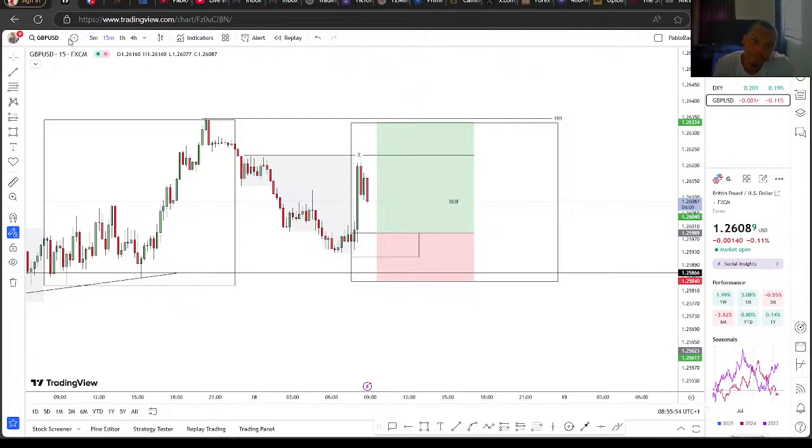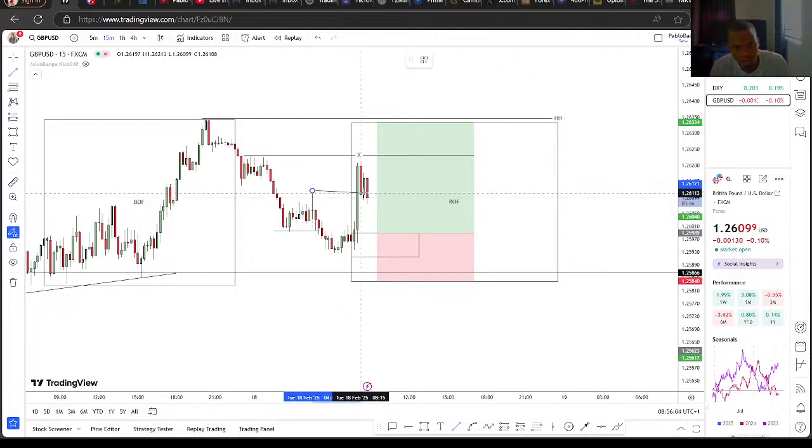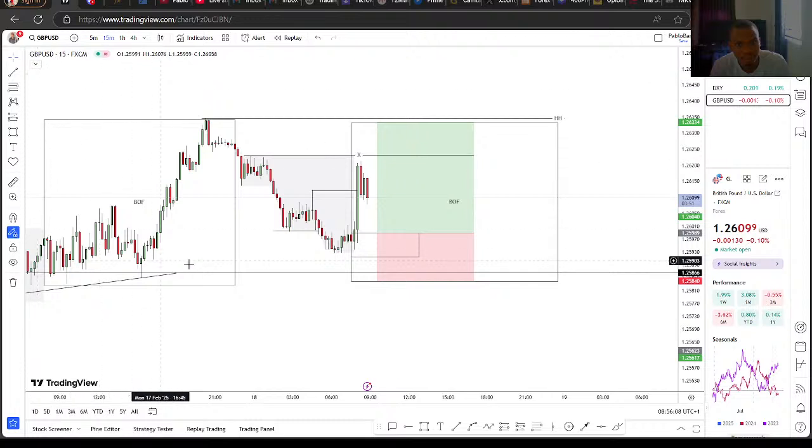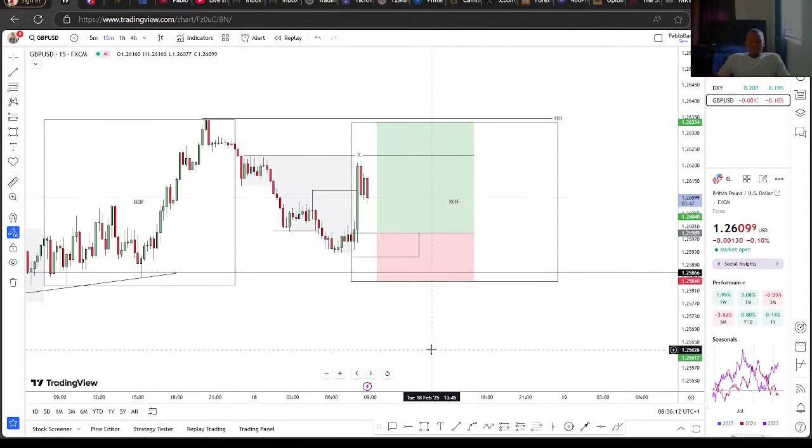Even if there is no Asian session stuff, this is literally a break of low and break of high. Simple. But yeah, let's see how this one turns out.